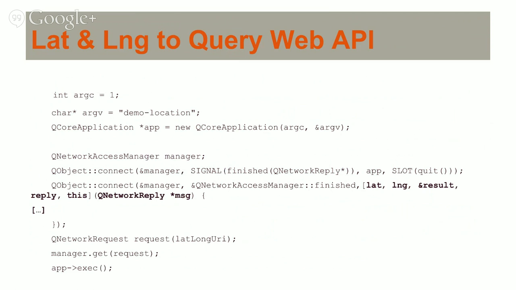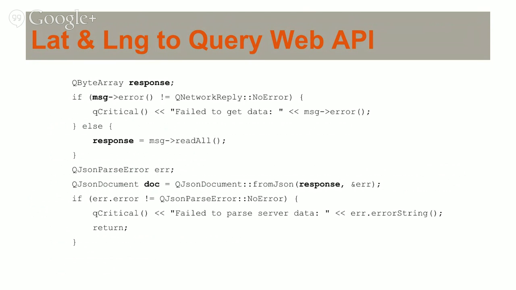So you create a request with the URI, the URI I created previously that uses our latlong. And then in the manager, you say get the request. And then on the app, which is the QCoreApplication, you exec it. Again, that could have been a QEventLoop. You can, again, look in the branch and see the full code, in sequence.